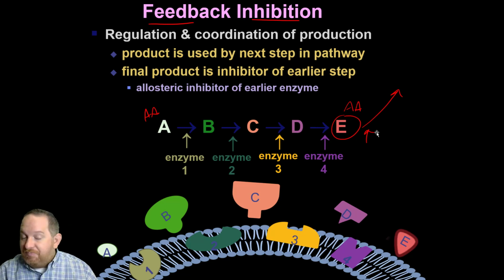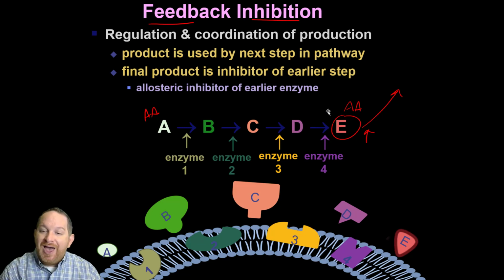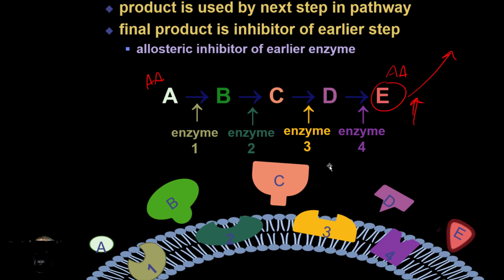We've got a lot of this. We don't need to make any more. So what will happen often is that the abundance of this molecule in the pathway, the end molecule, will actually give a signal or give some feedback that we don't need to do this anymore, and it will act as an inhibitor.